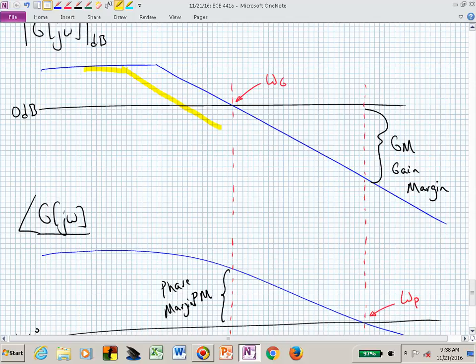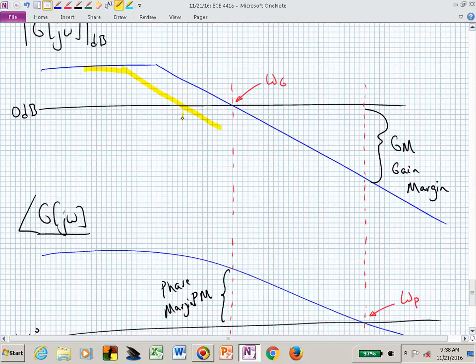I didn't call it what I normally call it, a break, because I didn't want to give you that much of a hint. But that's a break frequency. So now if we introduced a pole at a lower frequency, we would start rolling off our magnitude curve sooner, which would cause our gain crossover frequency to be reduced, and then we would have a larger phase margin.